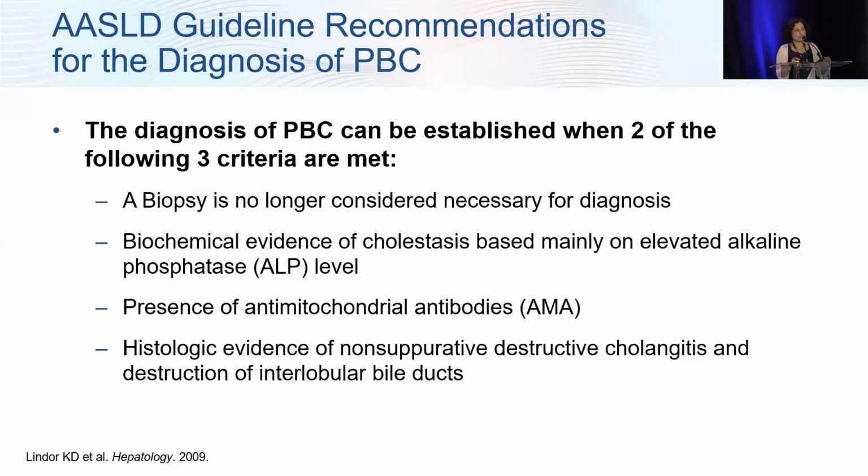The diagnosis of PBC is established when two of the three following criteria are met. One is elevated alk phos, the second is positive AMA, and the third one is, of course, liver biopsy. You don't have to have all three for the diagnosis of PBC.